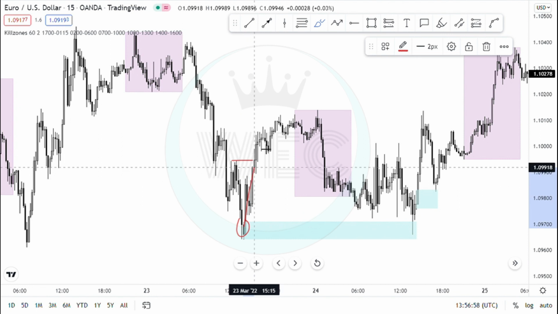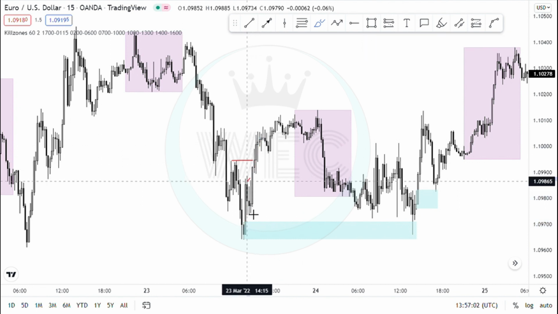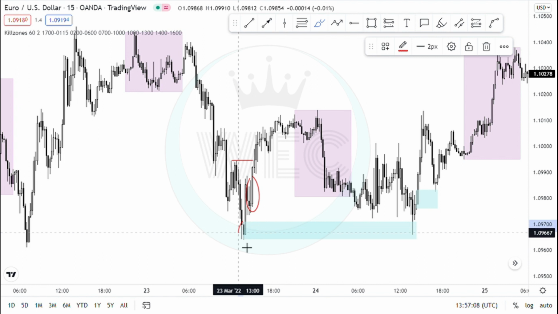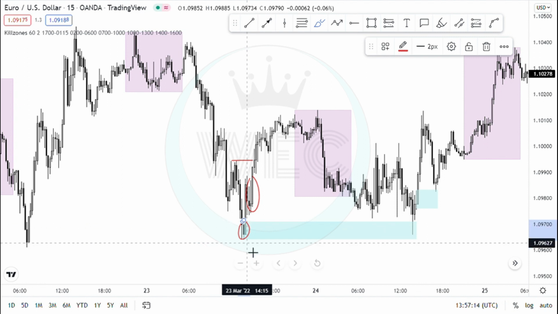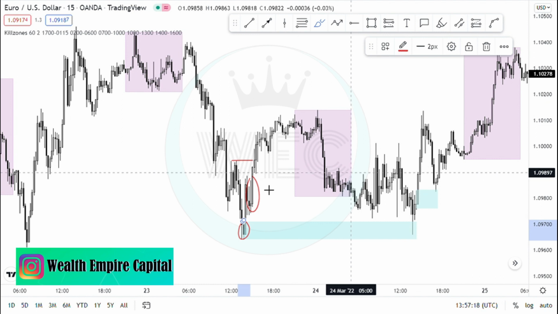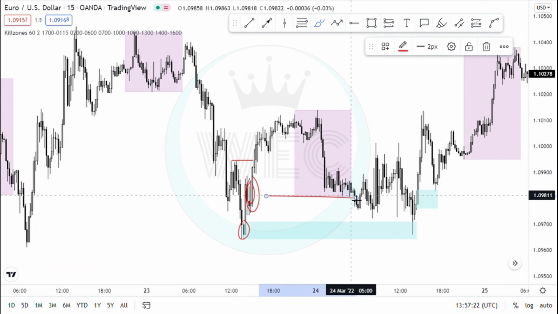In this scenario, this candle will be defined as our decisional order block or decisional demand zone, and this one will be our origin demand zone or order block. Okay, so that is it. We can see that these two candles met the criteria that I gave, just that this one failed because it has something to do with the Asian session inducement.